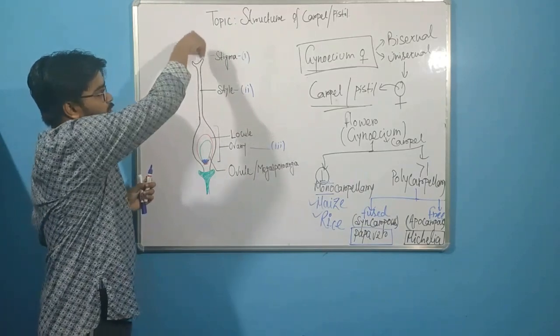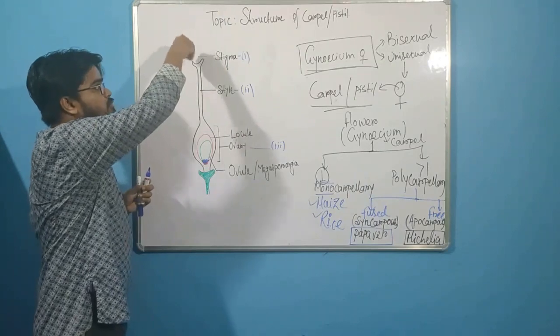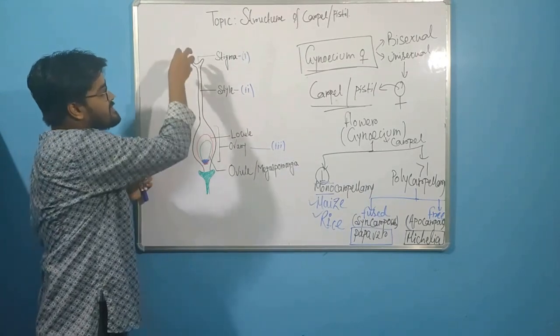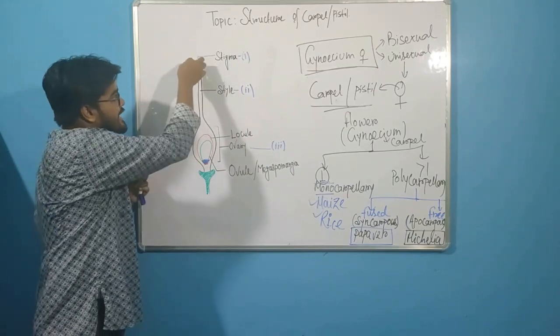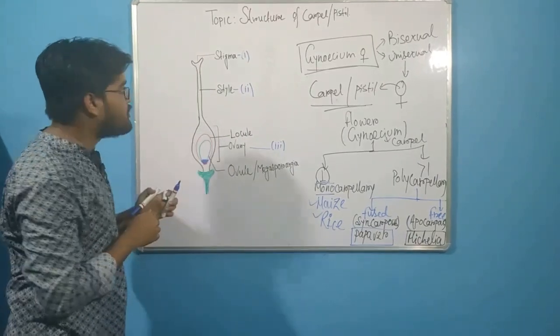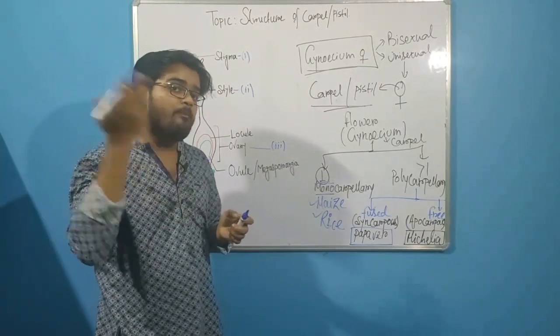If that area were narrower, the pollen grains would not fall over the stigma properly. So to receive the pollen grains, the area of the stigma becomes wider. That's why you can say the stigma is a landing platform of pollen grains.